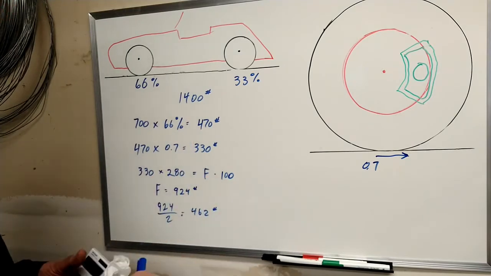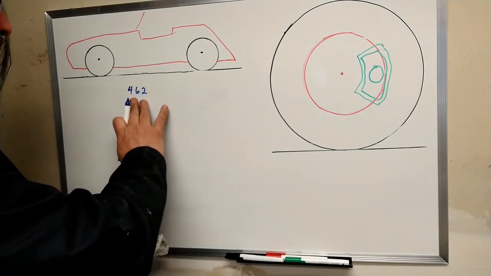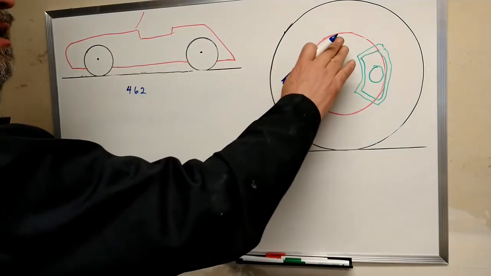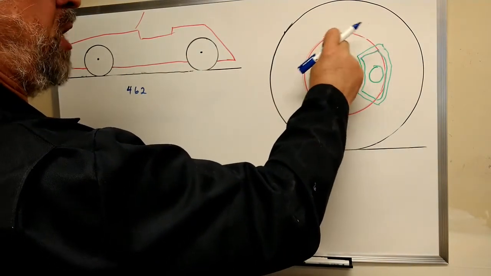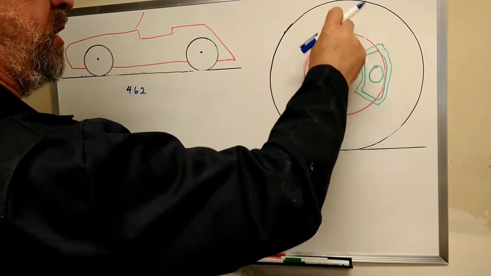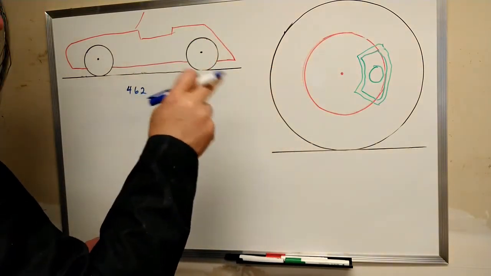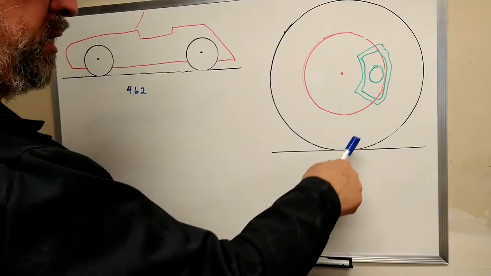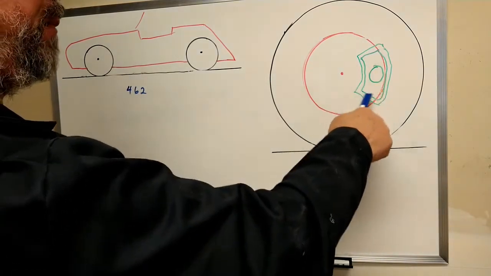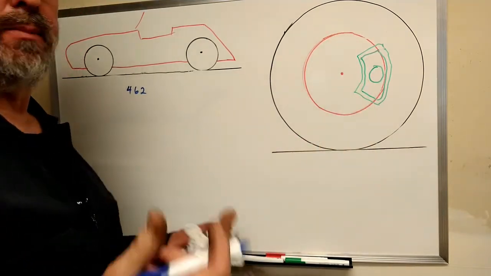I'm running out of space here, so I'm just going to erase this and go back to the top. So we need to generate 462 pounds of braking force, force that stops this from turning, on each side of the brake disc. Like the wheel on the road, you can look up the coefficient for a brake pad pushing on cast iron, and that number is about 0.4.